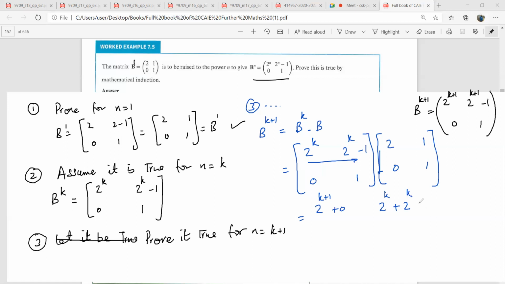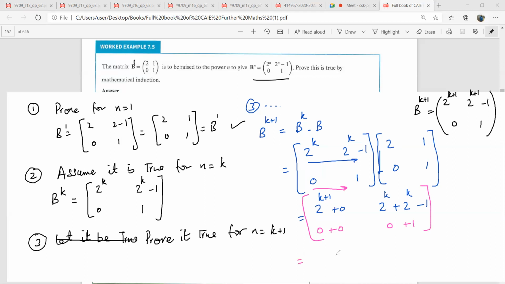Okay, this is minus 1. And then we go on to the second row to be multiplied by the first column here. So 0 into 2 will give us 0, 1 into 0 will give us 0, and then 0 into 1 will give us 0, and 1 into 1 will give us 1.